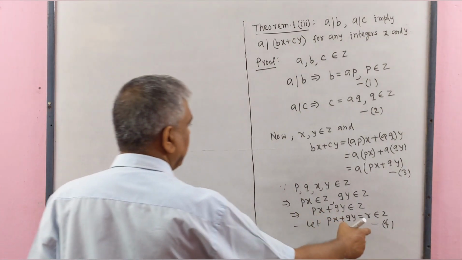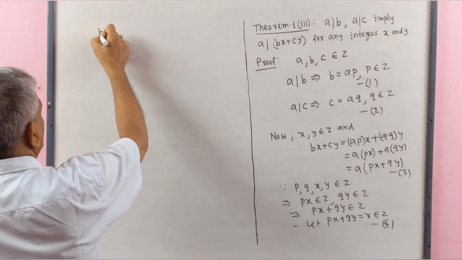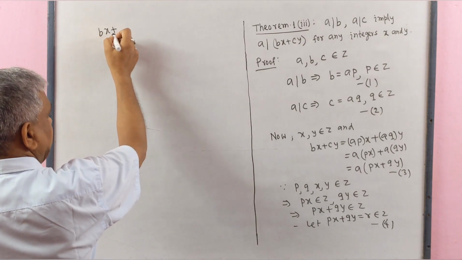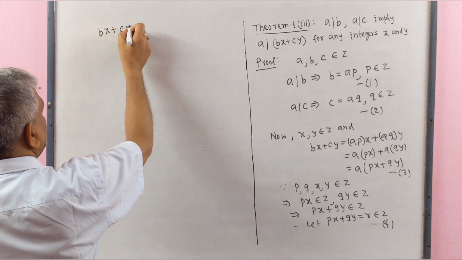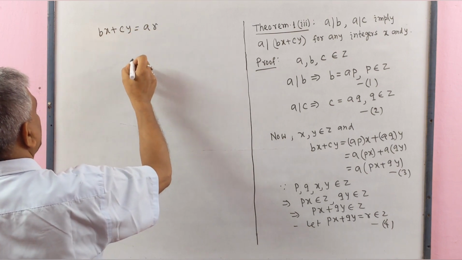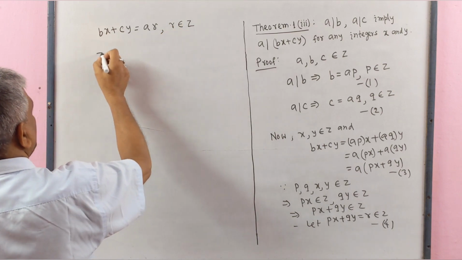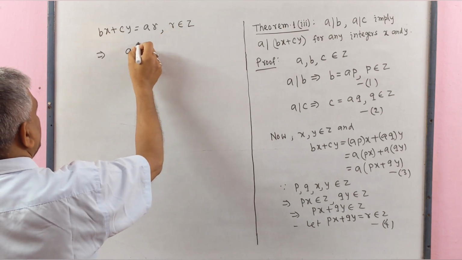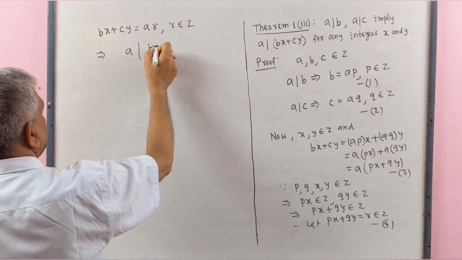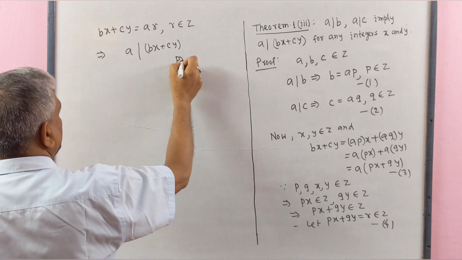Using 4 in 3, we get Bx plus Cy equal to AR. R belongs to Z, implies that A divides Bx plus Cy. Proved.